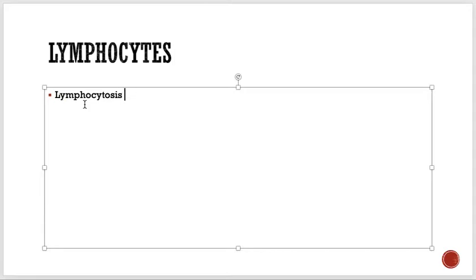Lymphocytosis is when the lymphocytes are more than, in this case, 3.5 multiplied by 10 raised to the power 9 per liter. Then we call that the patient has lymphocytosis, or of course, increased lymphocyte count.